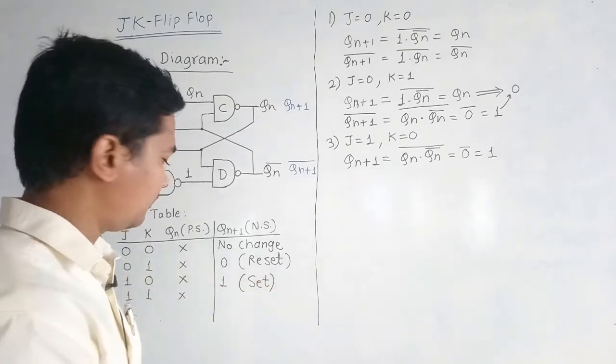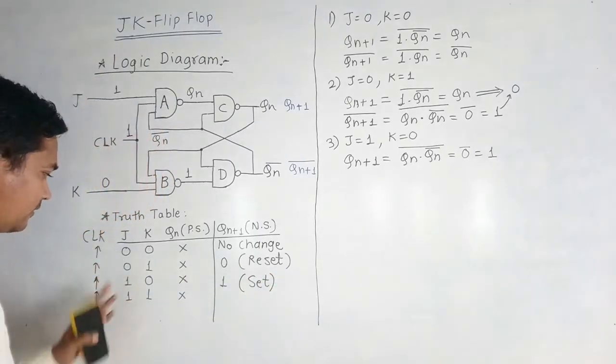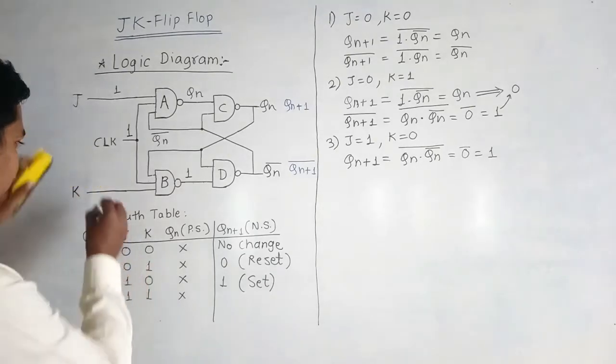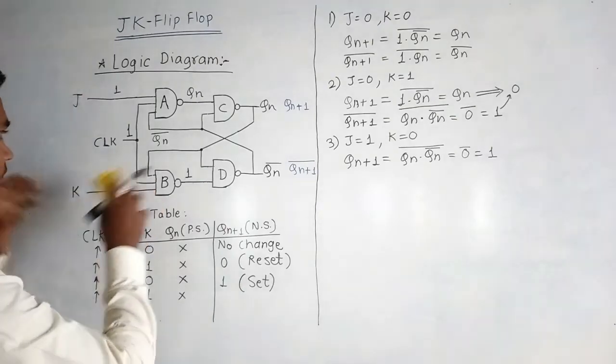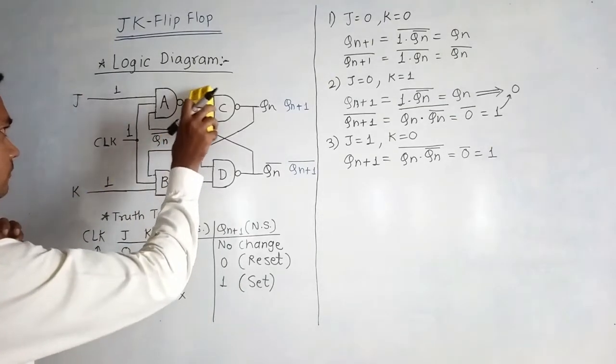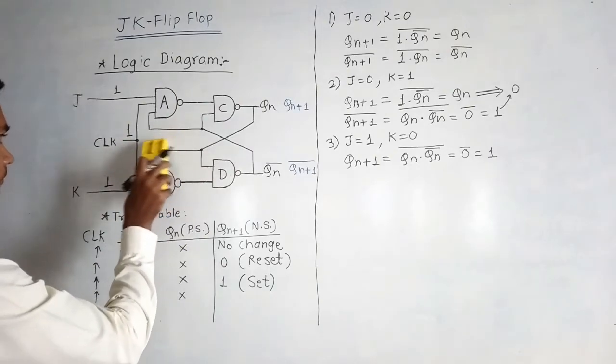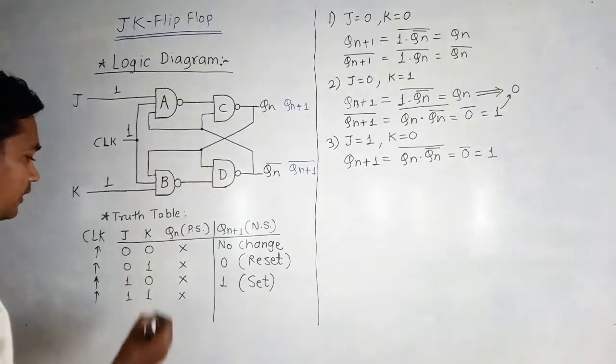Now the last condition is J and K equal to 1 1. What will happen if JK equal to 1 1?